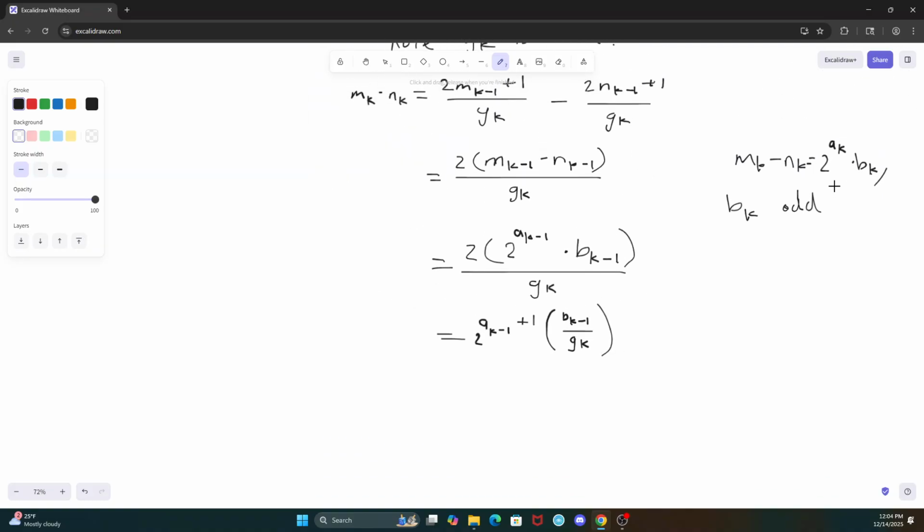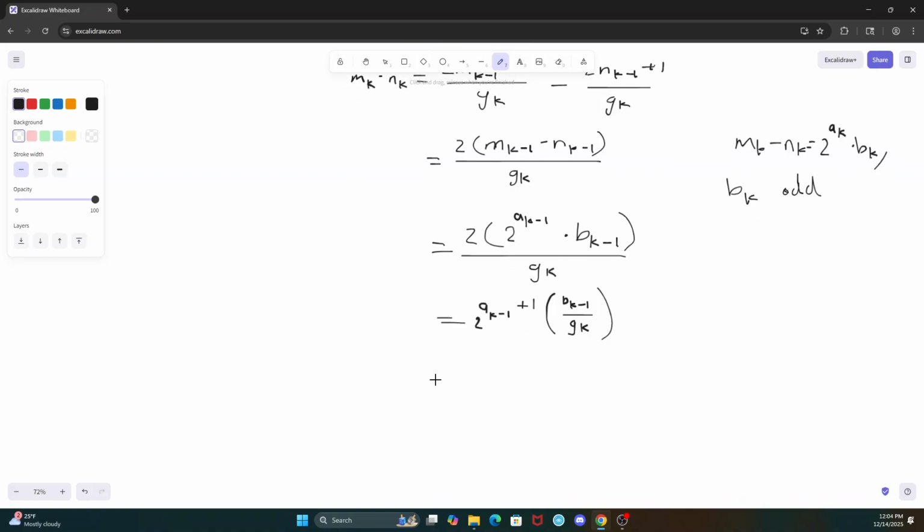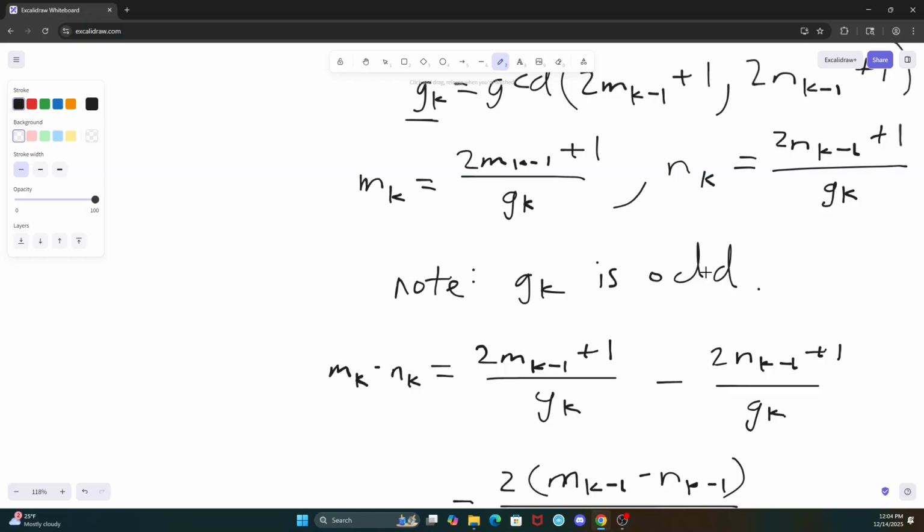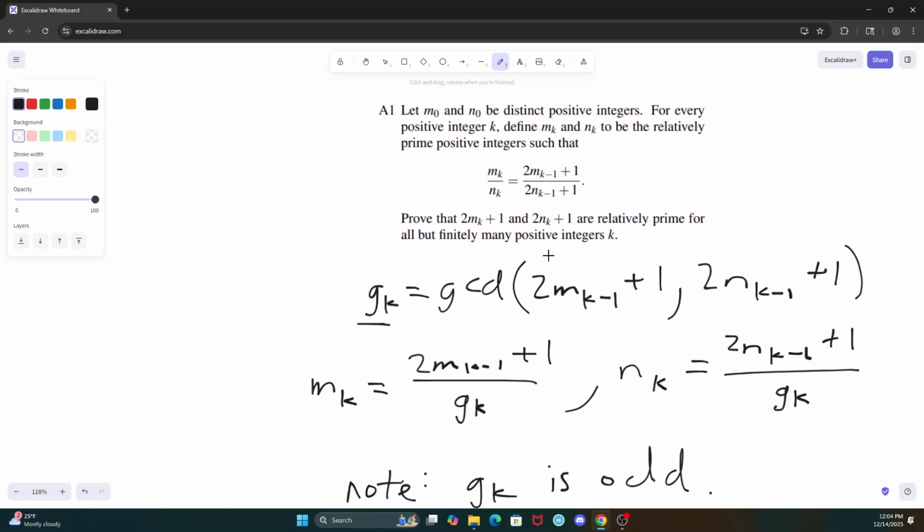And so looking at how we define this difference over here, just matching the terms, we get that a sub k is equal to a sub k minus 1 plus 1, and b sub k is equal to b sub k minus 1 over g sub k. And remember that to show that there are only finitely many positive integer k where these are relatively prime is equivalent to showing that g sub k is greater than 1 for only finitely many k.